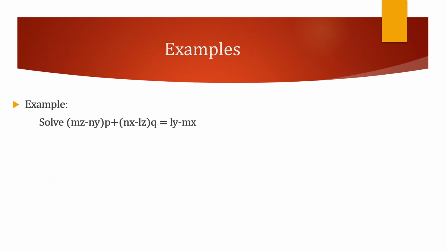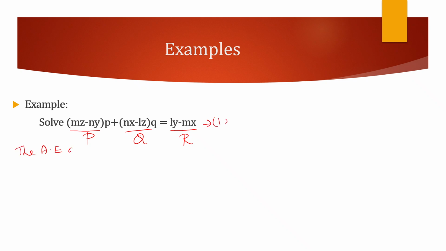Now we'll see one more example. This is our given equation. This is also in the form of Lagrange's linear equation. In place of capital P we have this, in place of capital Q we have this, and in place of R we have this. So we have Lagrange's form of linear PDE: capital P into small p plus capital Q into small q is equal to capital R. Our first step is to write the auxiliary equations.